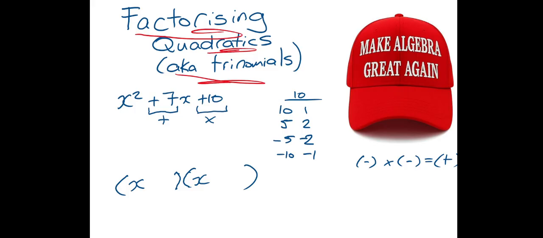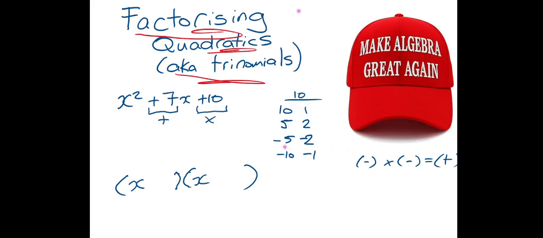So of these, which one adds to give us positive 7? Well, 10 plus 1 is 11, so it's not that. 5 plus 2, that does equal 7, so that's our best case going forward.